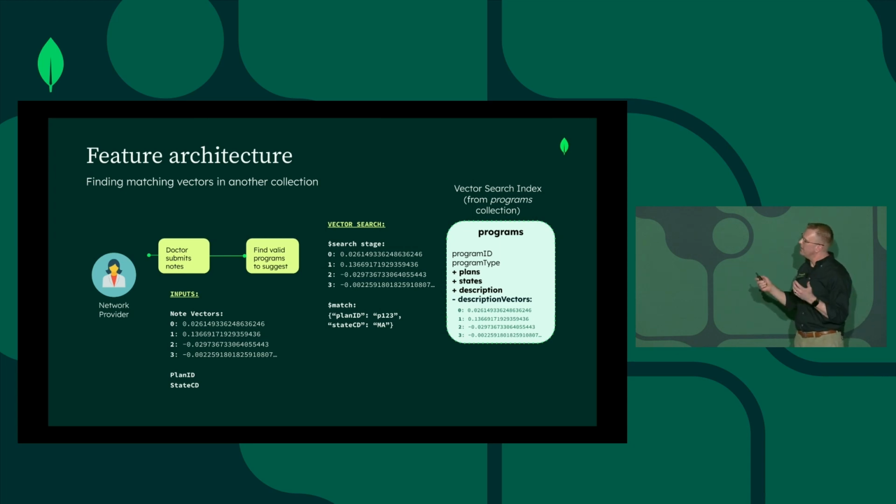So I'm going to say, you know what, I found 2,000 results, but not all 2,000 programs that have been defined in the program collection here in the search index are applicable to this patient. I know that this patient has a specific plan ID, and I know that they live in the state of Massachusetts, so I'm going to now put a match stage at the end and say, well, of those 2,000 results after the search stage, only match on the results that have this plan ID in the metadata and this state code in the metadata.